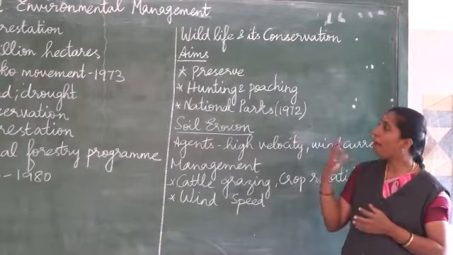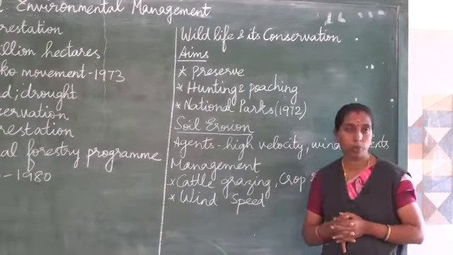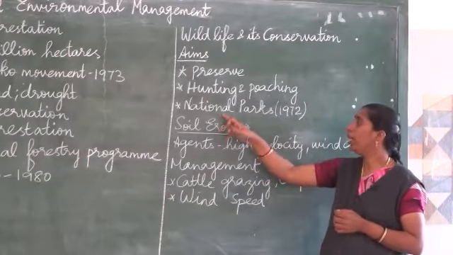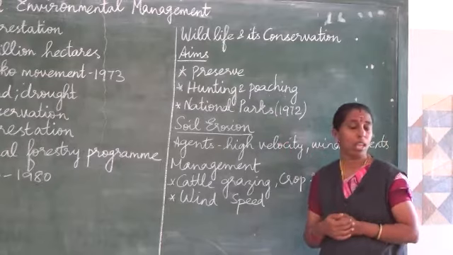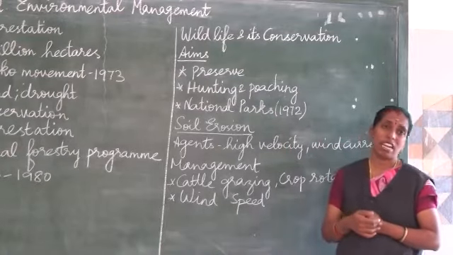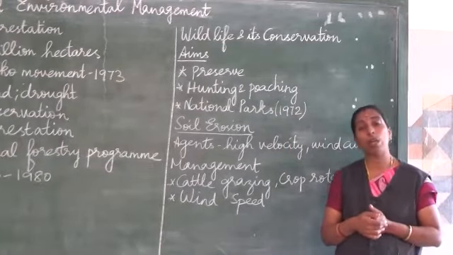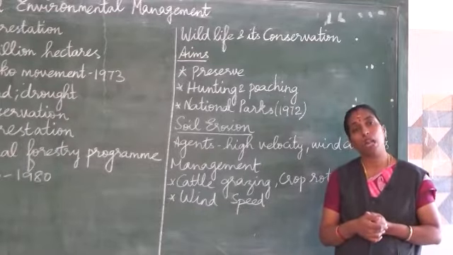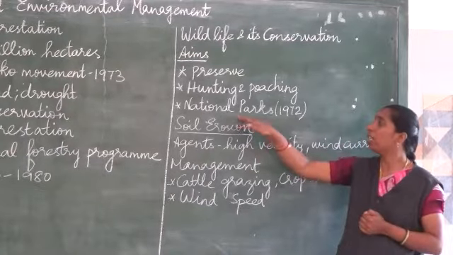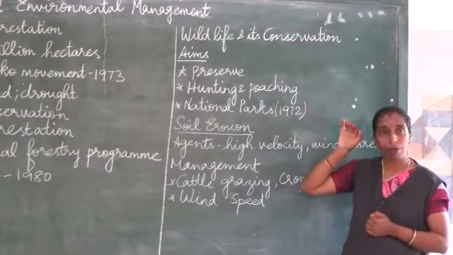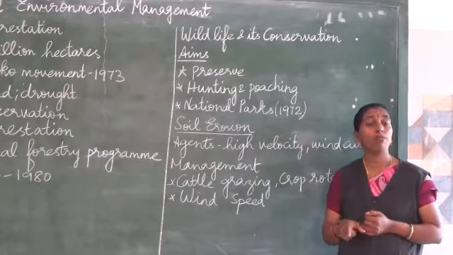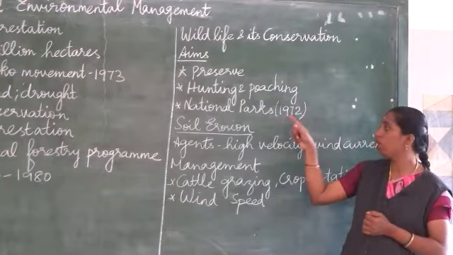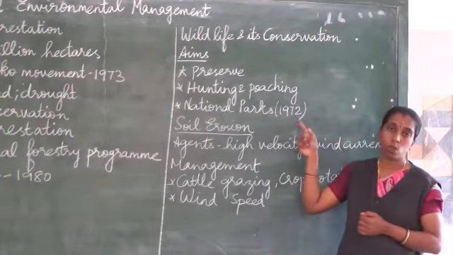Apart from this, what can we do? Improve the national parks. Many national parks are there. You know that Corbett National Park was the first national park, developed in Uttaranchal. Many more national parks can be introduced. The establishment of national parks began in the year 1972.